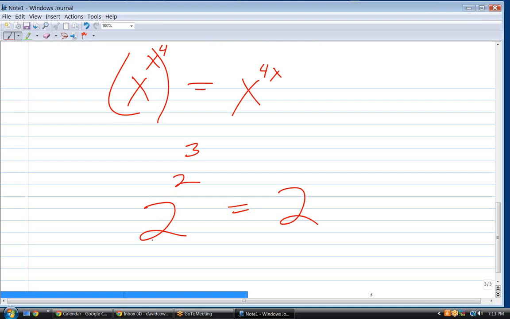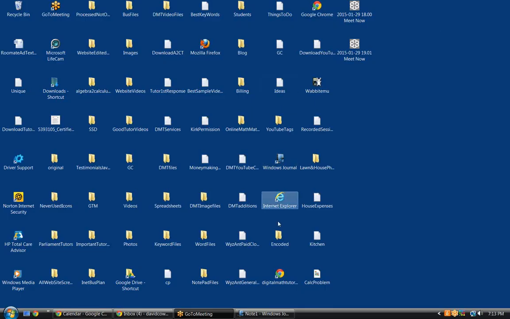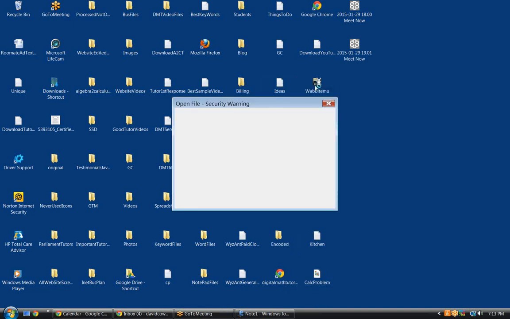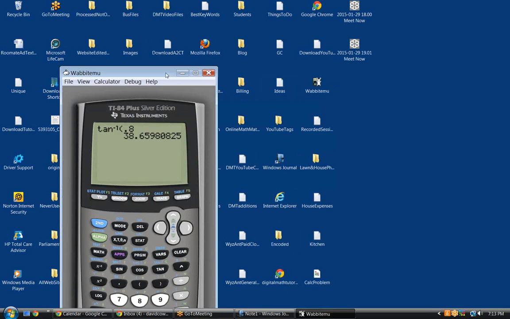Because I know that if I put parentheses around it, then that's 2 to the 6th, which is 64. That's 4 cubed, which is 64. Now let's try it in our calculator where we don't put parentheses.